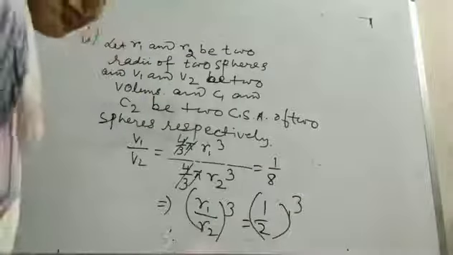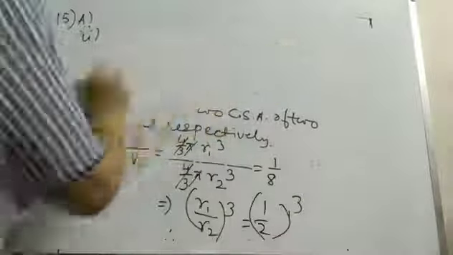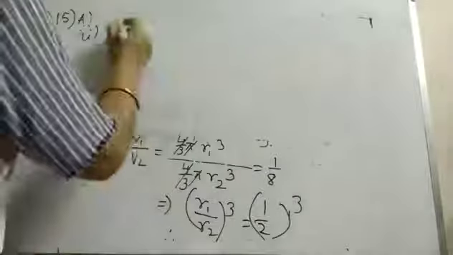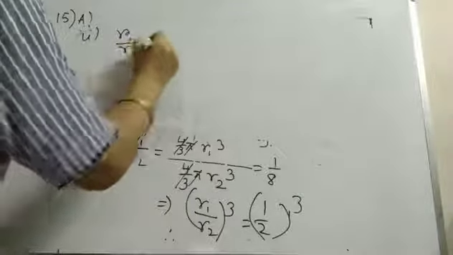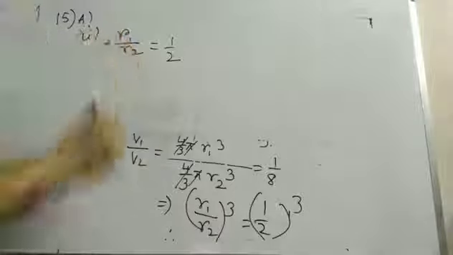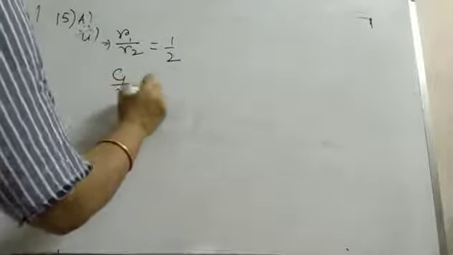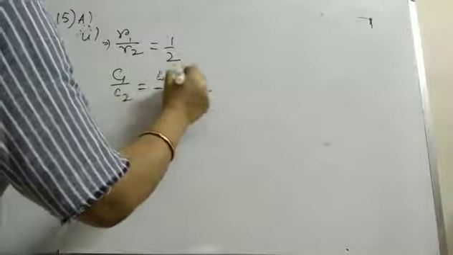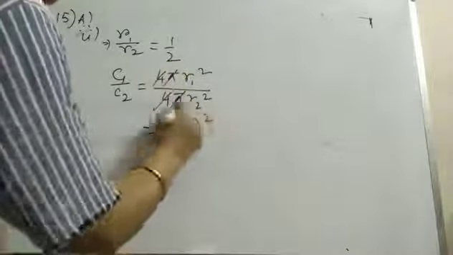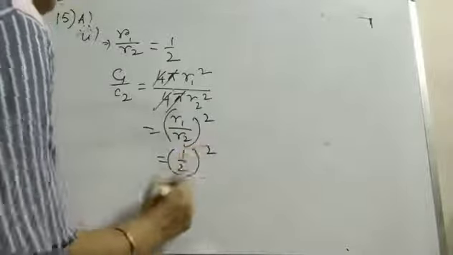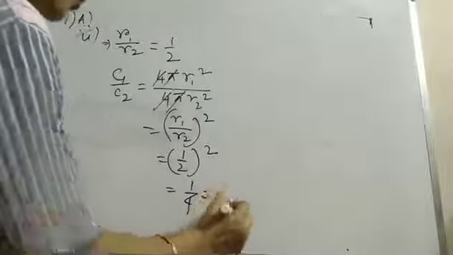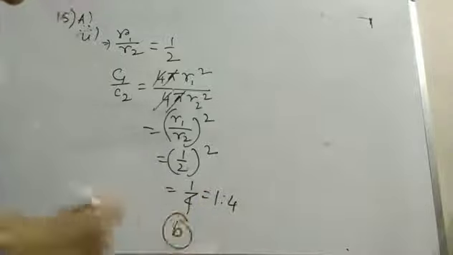That is, R1 by R2 equal to 1 by 2. Curved surface area C1 by C2 equal to 4 pi R1 square by 4 pi R2 square. 4 pi cancels out. R1 by R2 whole square equals half square, that is 1 by 4, equal to 1:4. So answer B is correct. Okay.